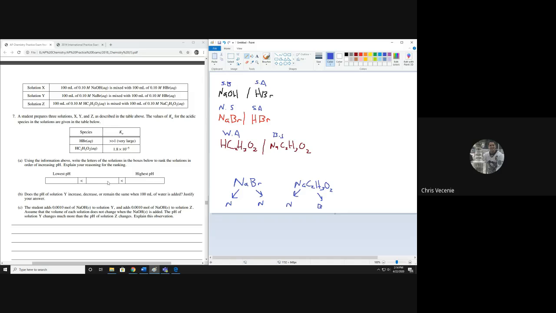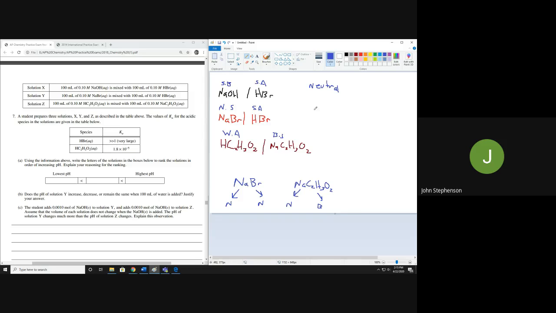Okay, so they want lowest pH to highest pH. So take a look. If I put a strong base with a strong acid, all right, Ethan, what do you think that's going to do if I mix a strong with a strong? Neutral. Bingo. So there's a neutral. All right, how about if I take a neutral salt with a strong acid, John? What's the overall mixture going to be?